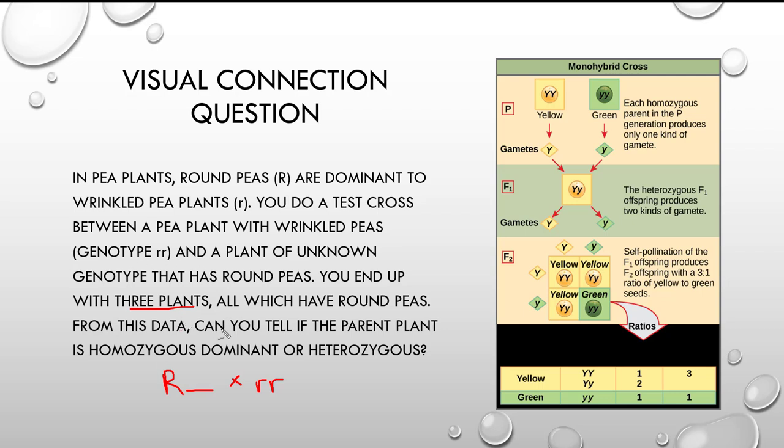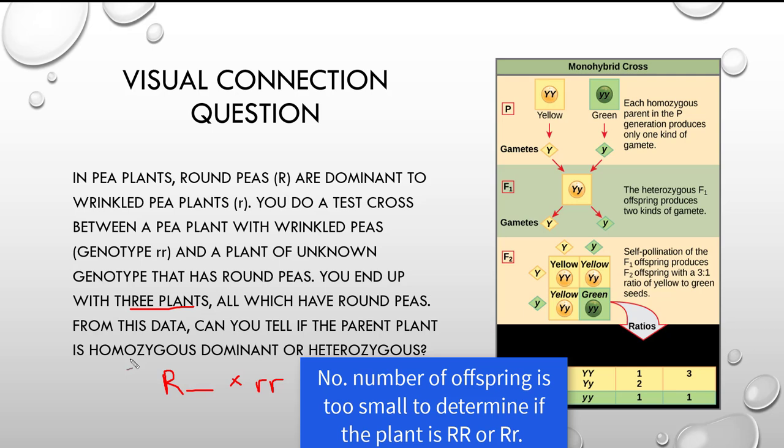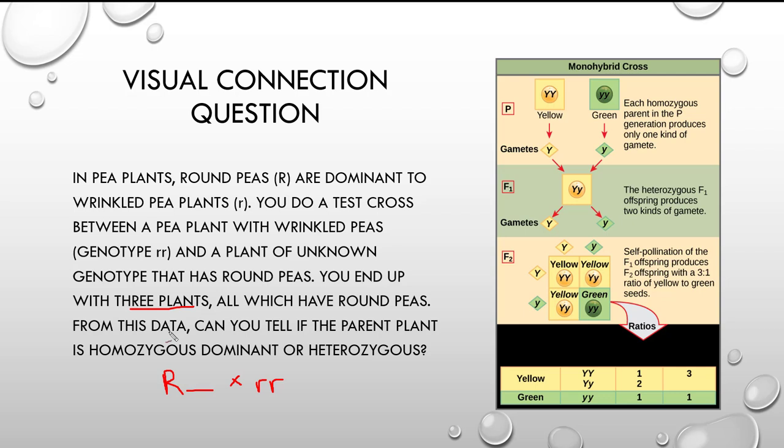If it was 300 plants and they all had round peas, you could definitely say, yes, it's homozygous dominant, or even 30. But 3 is just such a small number that it could just be due to chance. So I would say no, you could not tell if the parent plant is homozygous dominant or heterozygous from only having 3 offspring, because it could just be random.